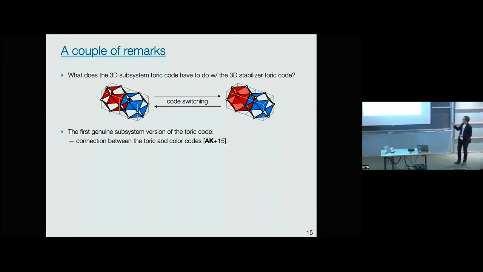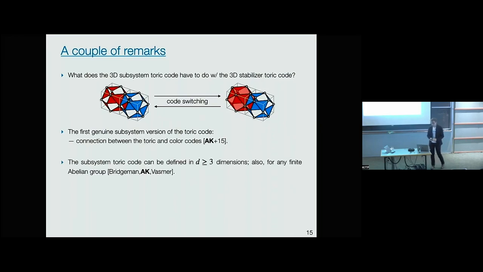And we knew that there exists a subsystem version of the color code, known as the gauge color code, that was invented back in 2013. But our version is basically the first subsystem version of the toric code, which was bound to exist because of this kind of analogy. That's kind of neat.